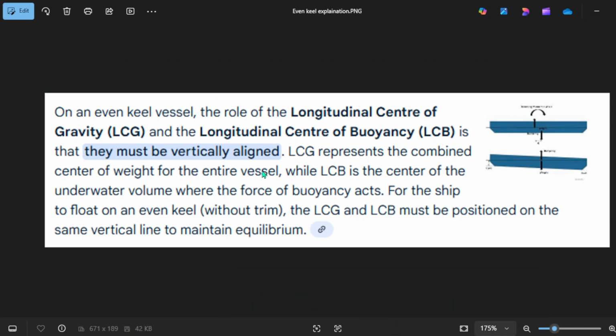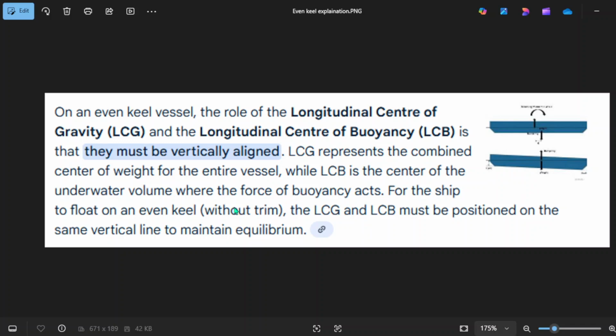LCG represents the combined center of the weight of the entire vessel. So the entire weight of the vessel is concentrated in this vertical line going down. While the LCB is the center of the underwater volume where the force of buoyancy acts. When you speak of buoyancy, the water pushes the vessel up. That is the role of buoyancy, it pushes the vessel upward, or makes it afloat.